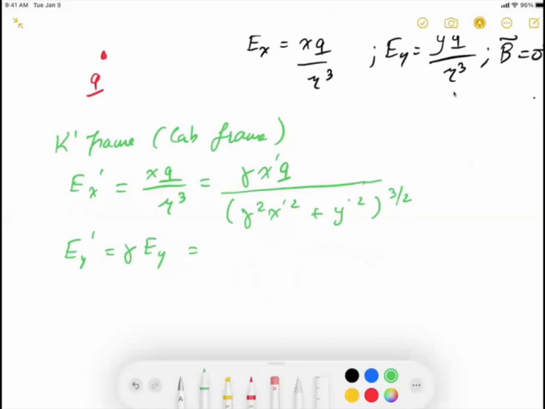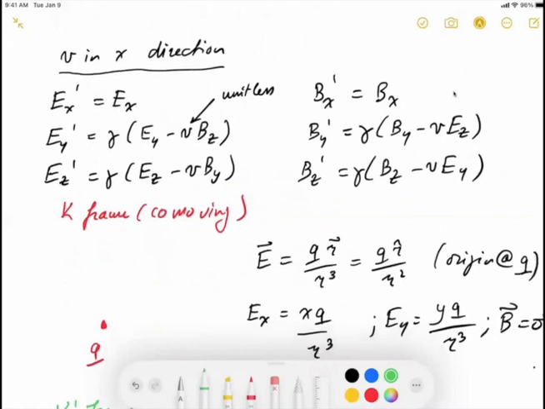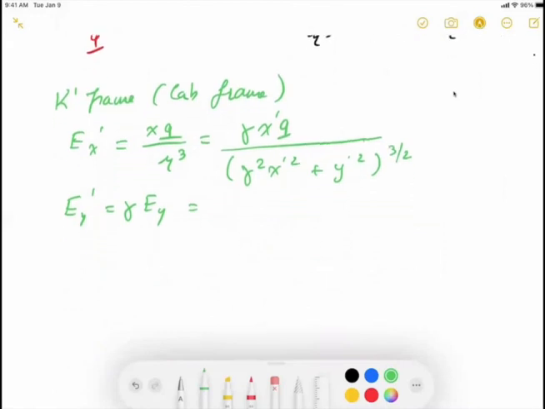Sorry, it was going to be transformed with the gamma. But it is gamma times now Ey, and Ey itself was q times y prime, and then still the same denominator, x prime squared plus y prime squared.